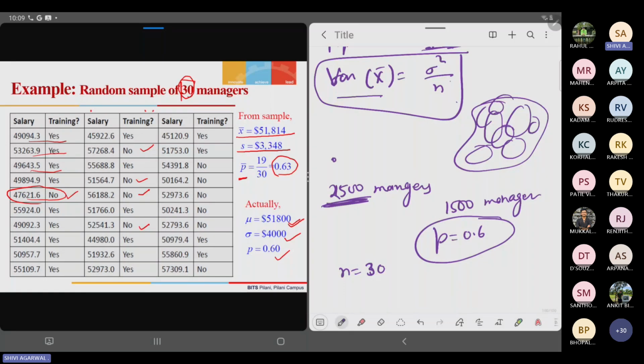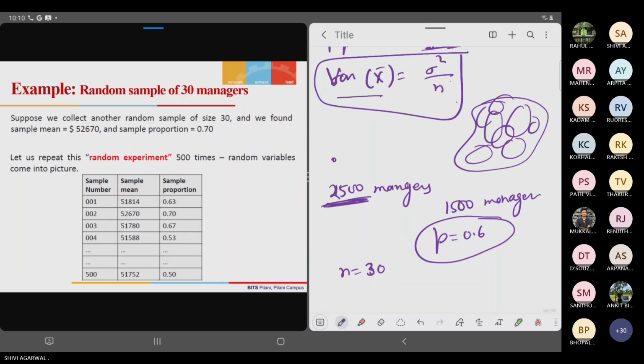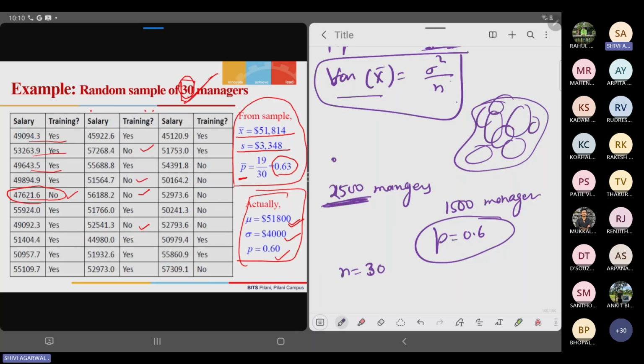That is the difference between the actual population values and what we collect from the 30 managers. So this is the meaning of sampling: we take a sample from the population and infer something about the population. Okay, now it's clear to all of you. You can see that 19 managers out of 30 completed their training, so 19 by 30 is 0.63.